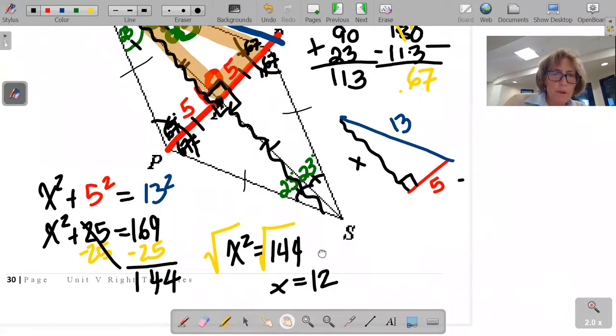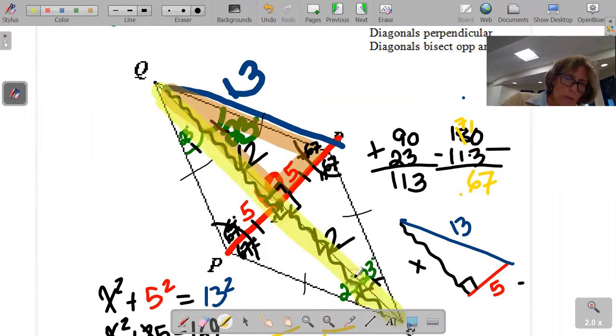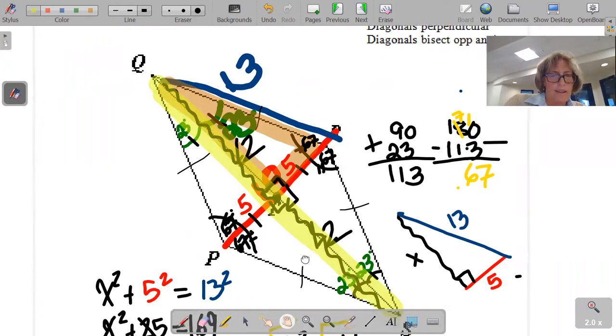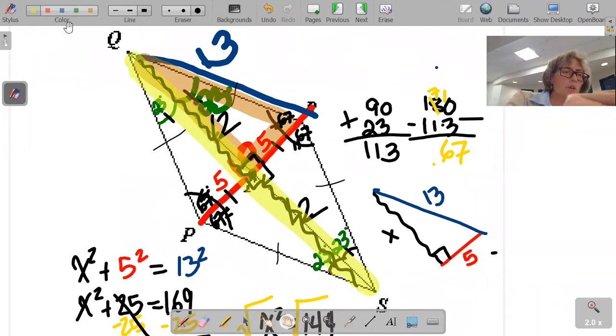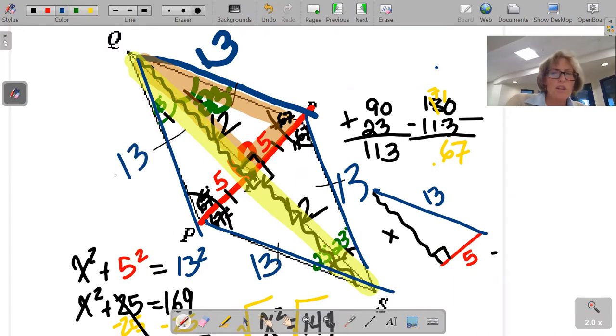So you come back up here, and we found our x is 12, which means our entire diagonal here is going to be 24. And then all sides are equal, so we don't have to do SOHCAHTOA here. If that's 13, that's 13, that's 13, that's 13. You found all the angles, you found all the segments, you found all the diagonals. You are good to go.